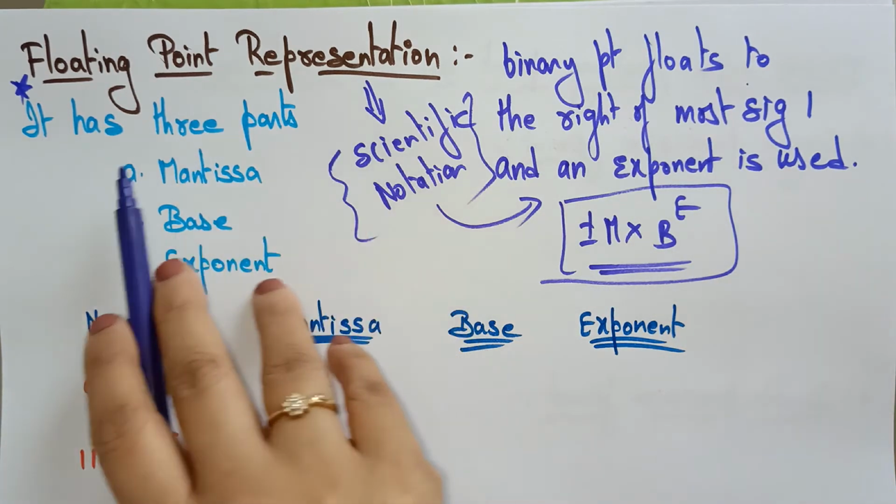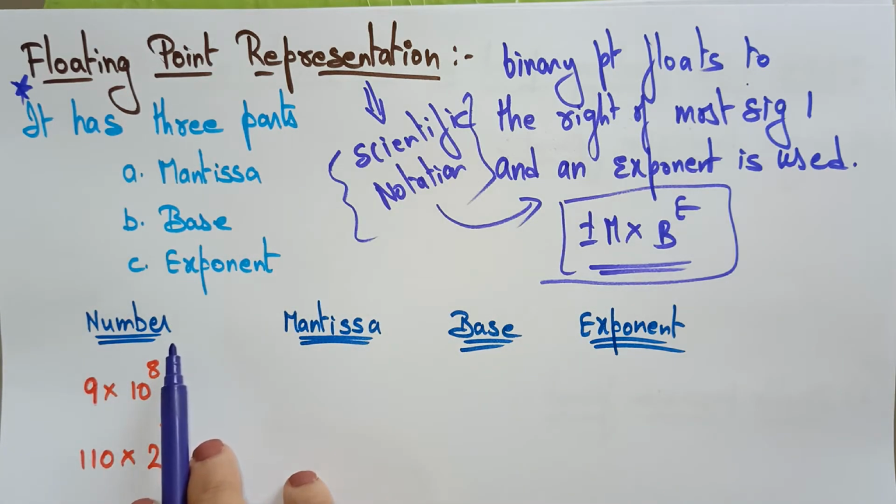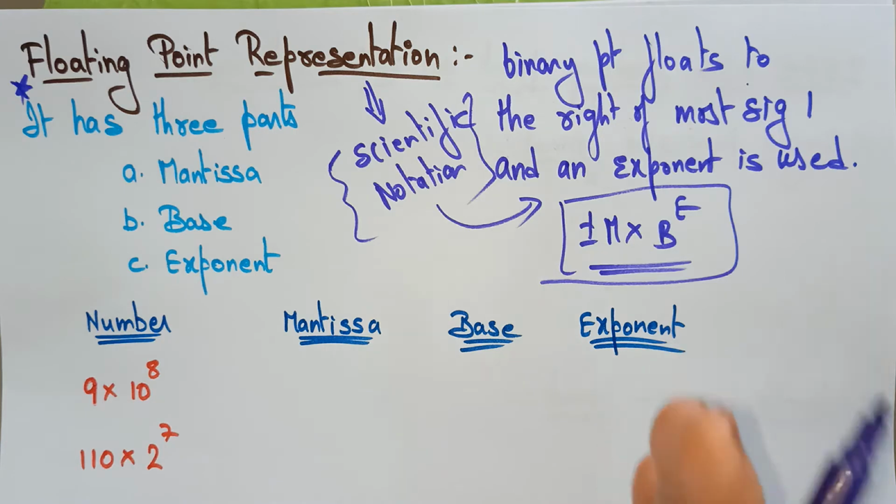The floating point representation has three parts: mantissa, base and exponent. Floating point numbers can be used to represent very small as well as very large numbers. It is used for both. That's why we follow the floating point representation rather than the fixed point.